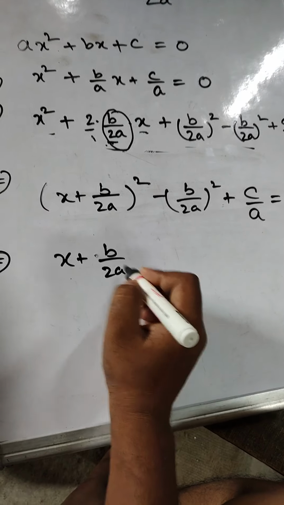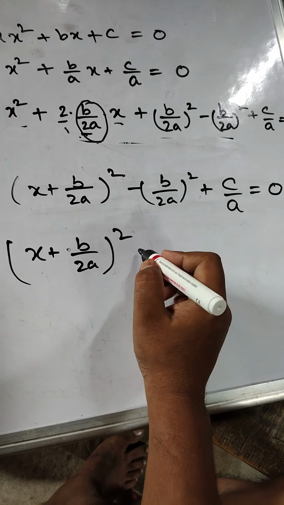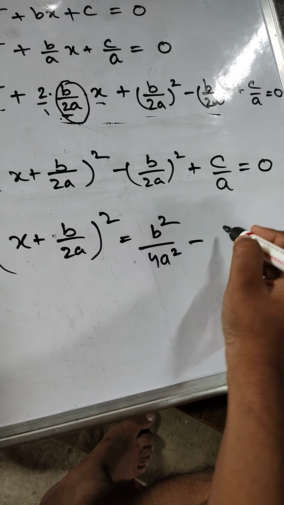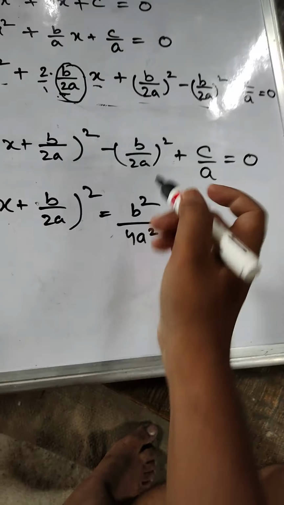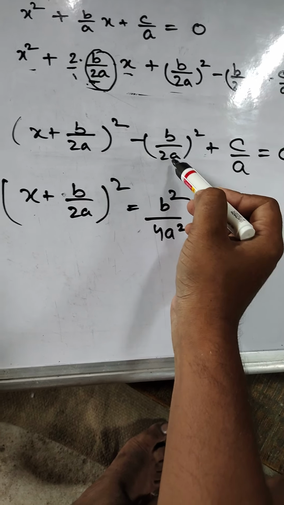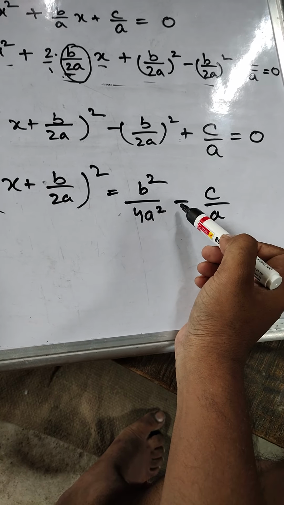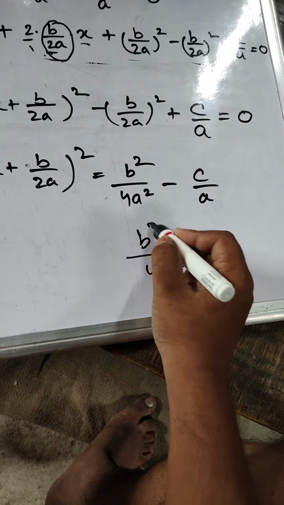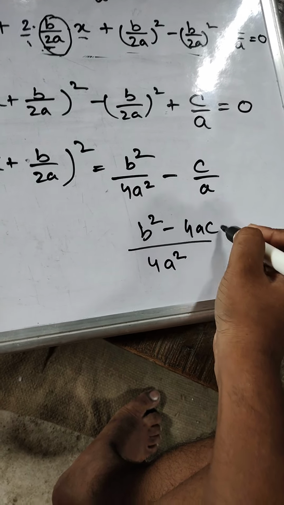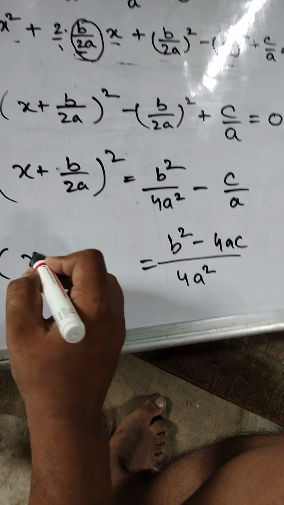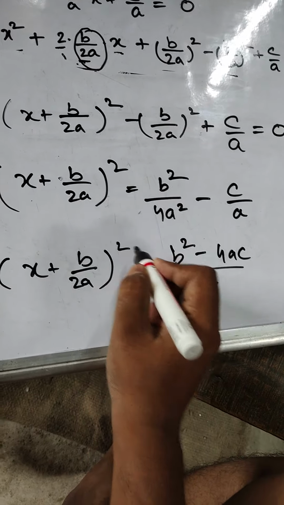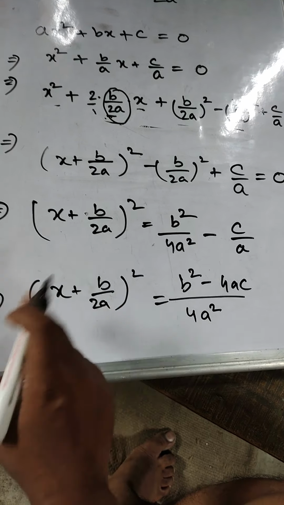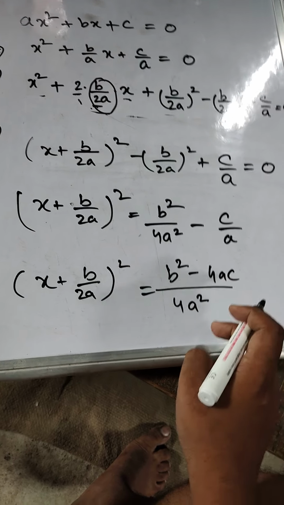x plus b by 2a whole square equals b square by 4a square minus c by a. So b square by 4a square and minus c by a. Now it is 4a square, b square minus 4ac. So we have x plus b by 2a whole square equals b square minus 4ac by 4a square.